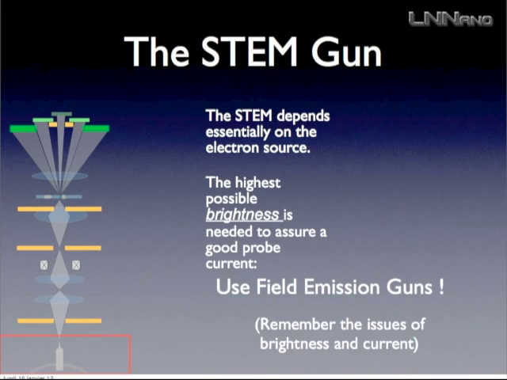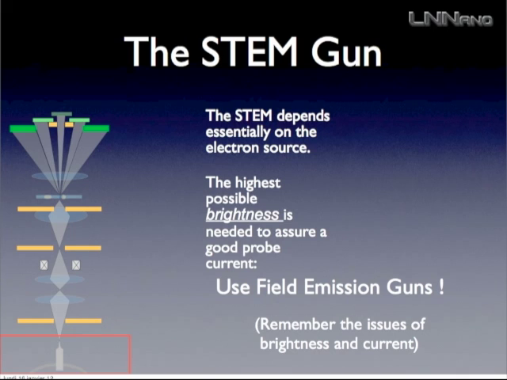And this is the reason why if you try to make an STM with a LaB6, for example, gun, or even worse with a thermal tungsten tip, you are likely to make something stupid. So nowadays, and especially in this infrastructure, you have Schottky field emission guns.